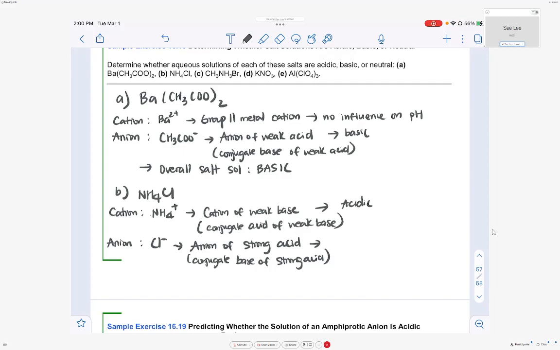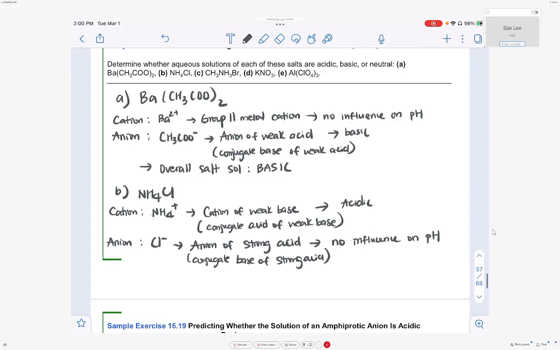They have almost zero basic property, almost no capability of stealing proton from water. So does chloride have any influence in the aqueous system? No. No influence on pH. It's just going to have neutral effect. No influence on pH means neutral effect.